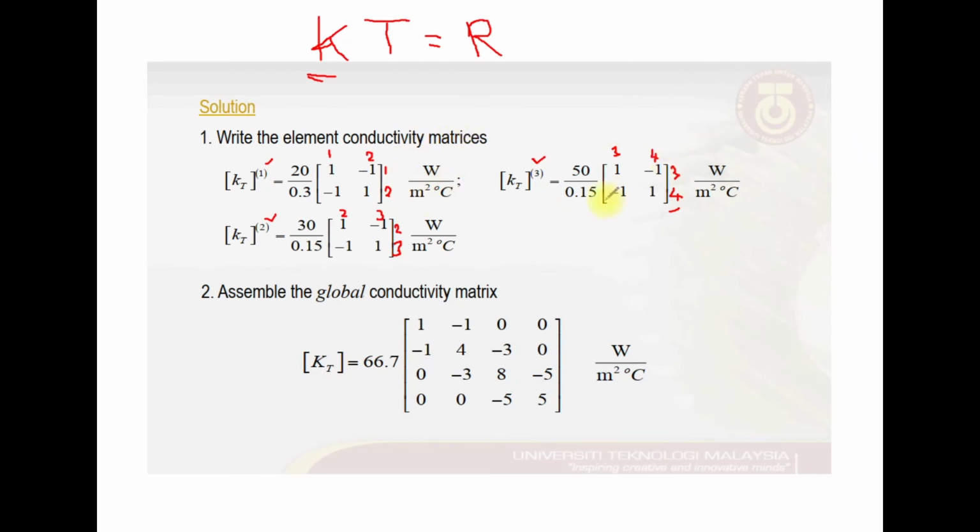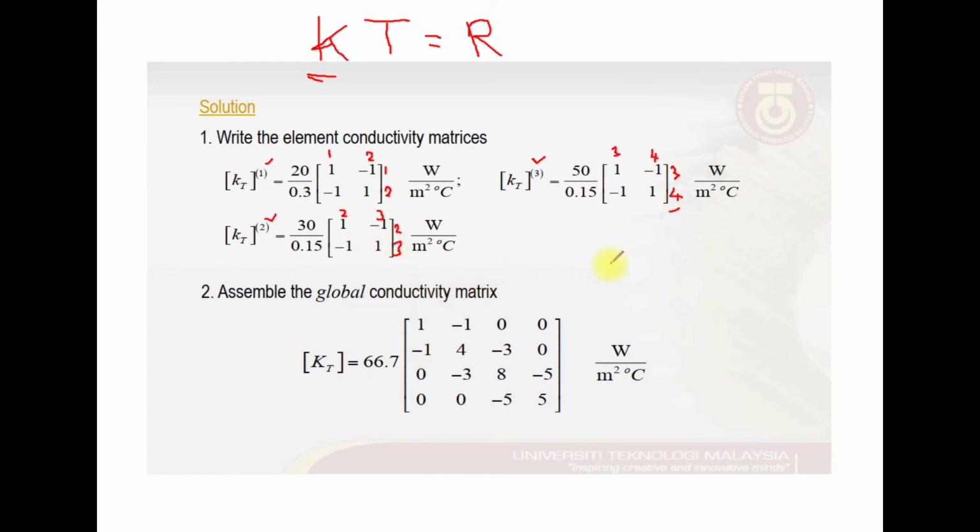Once we have calculated the element conductivity matrix for each element, again we have to assemble all three element conductivity matrices according to their indices, or I can call it the address as well.